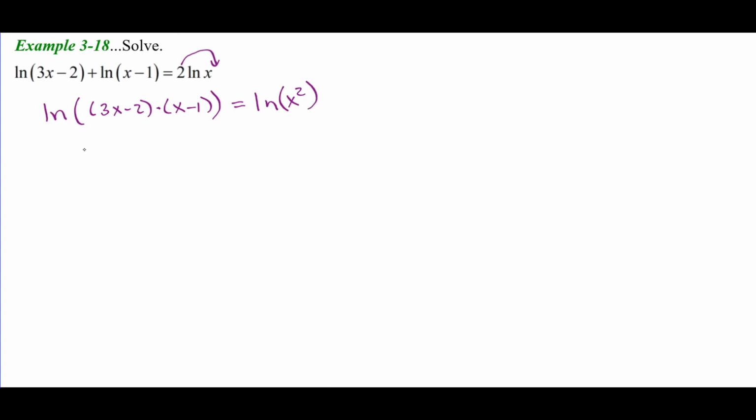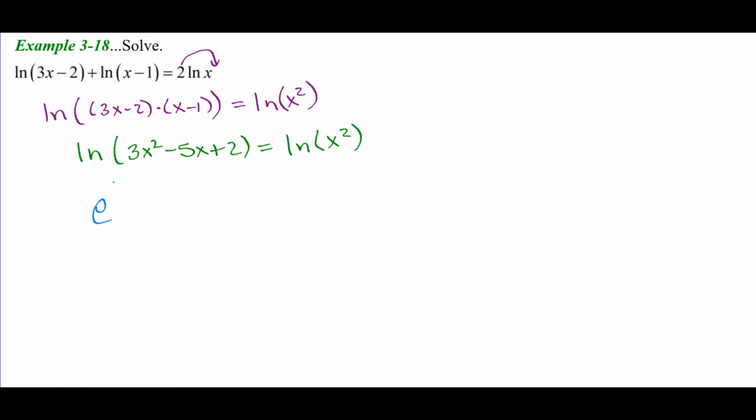So now just doing some algebra, this is natural log of 3x squared minus 5x plus 2, and then equals natural log of x squared. So then essentially what we're doing is the same thing to both sides of this equation. Remember, natural log is log base e.